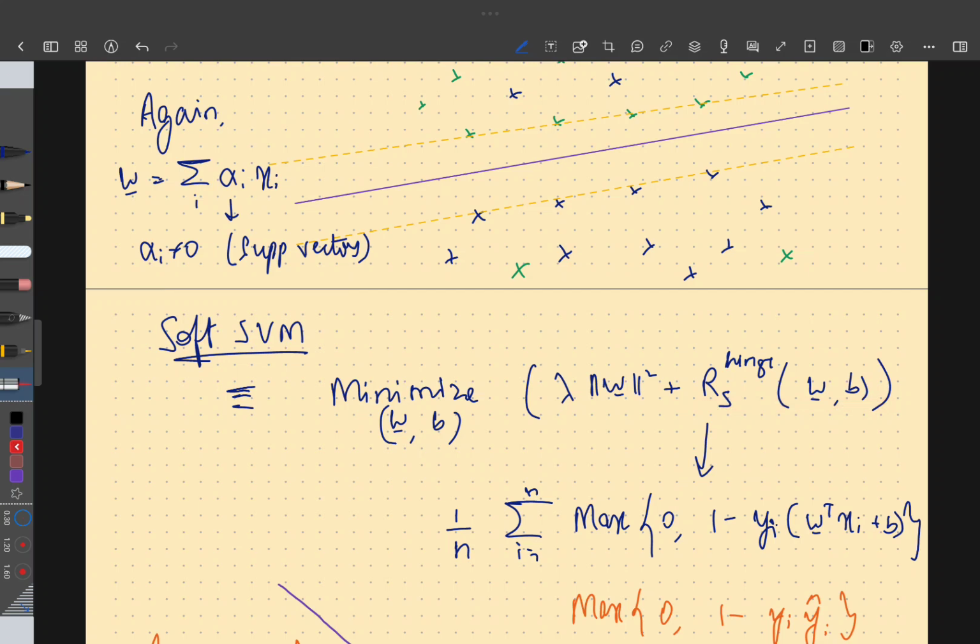Because initially, if we didn't have these margin constraints, if we didn't want a max margin classifier, then, let's say the data set is linearly separable, the solution would not be unique at all, because there could be infinitely many hyperplanes that correctly separate the data set.